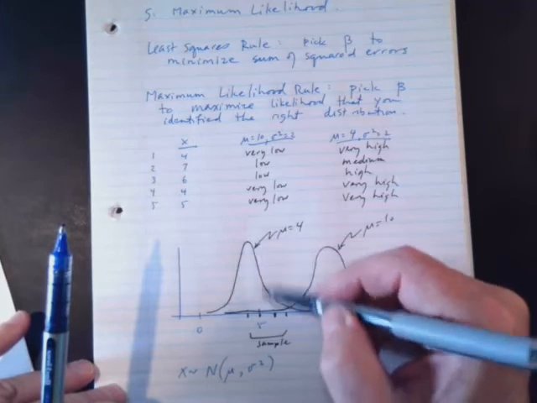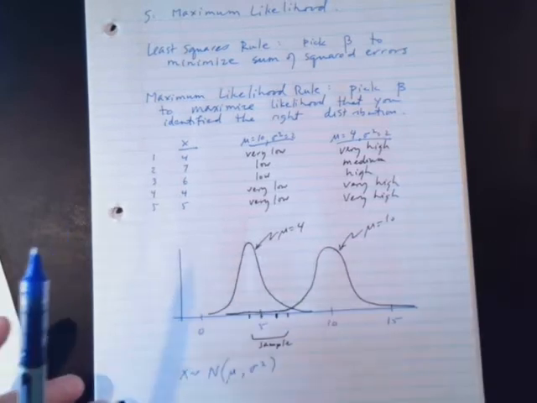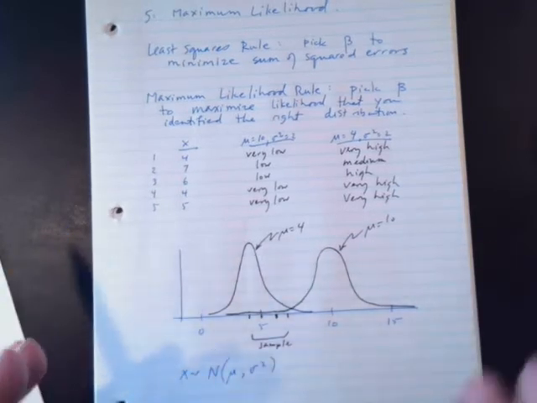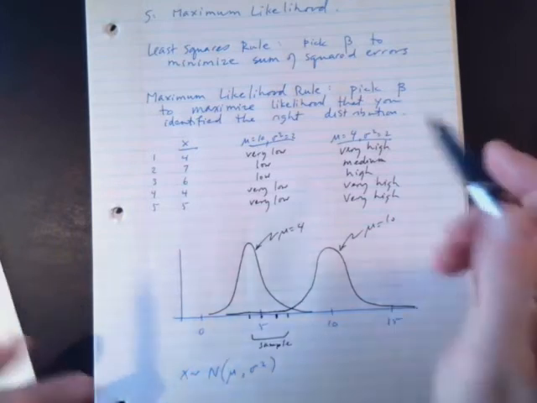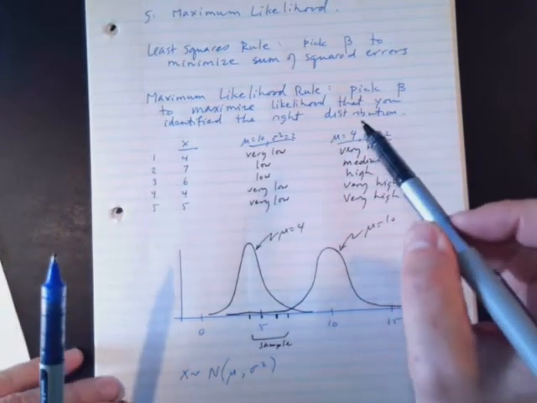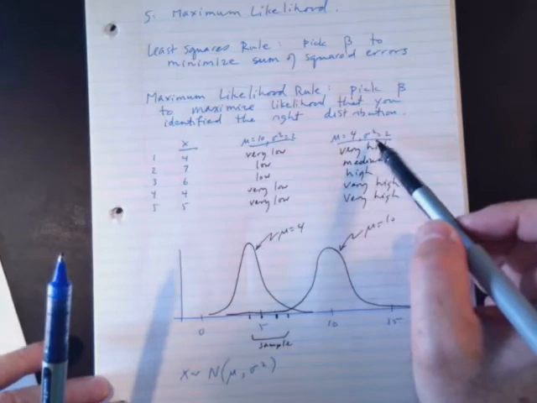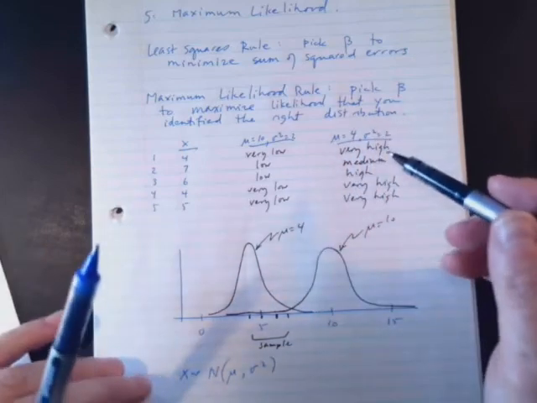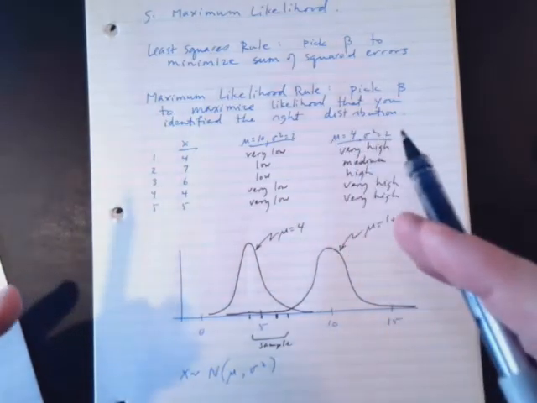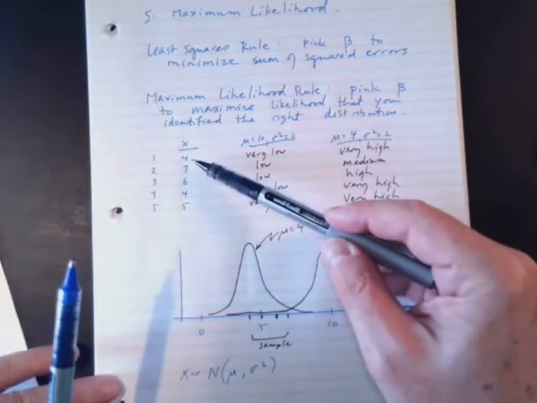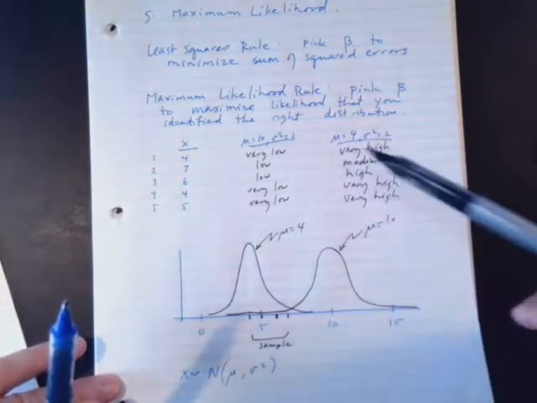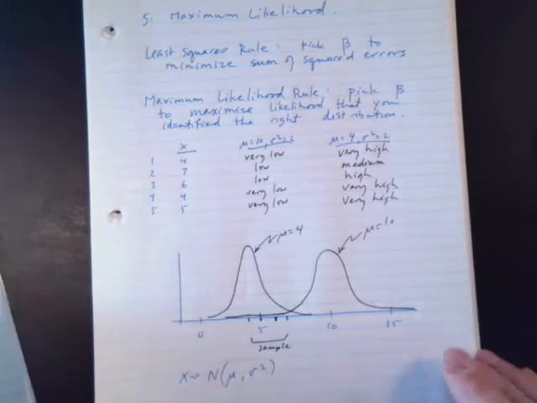Some of the values here are right in the middle, and some are out on the tail, so that's more likely. So what I'd like to do now is, is there a rule I could follow to pick the mean and the variance that would make it the most likely that I could have drawn that sample? And that's what maximum likelihood estimation does.